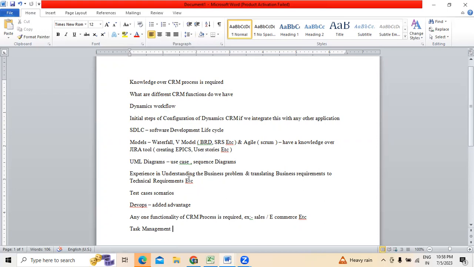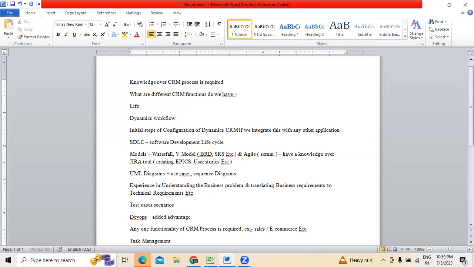But when we talk about the CRM process in detail, the process of CRM functionalities, being a BA, you need to understand from different perspectives, because you need to know about the functionalities of the CRM process. For this, I am taking an example: the life cycle of a sales process, because we have discussed the sales process, the sales CRM.